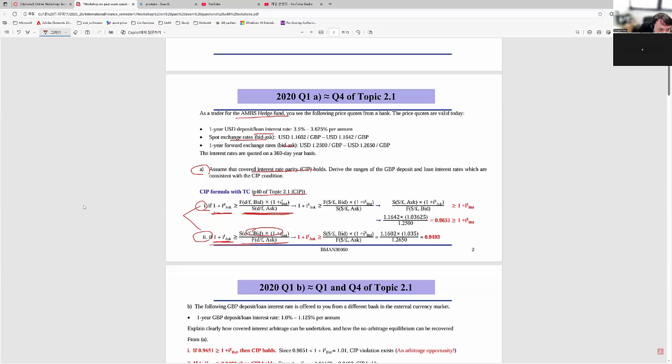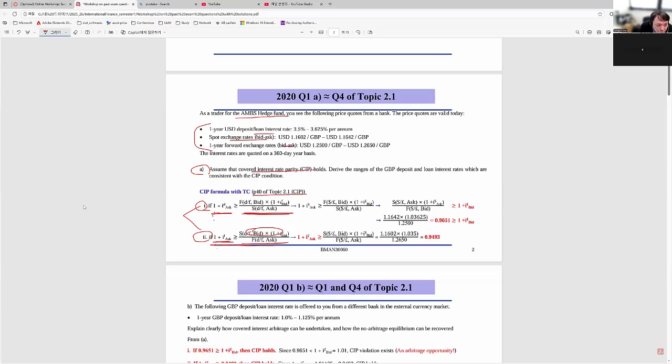So this is the second CIP formula with transaction cost. Once you get these kinds of questions, and if we are talking about CIP, you have to think about these two inequalities, the CIP formulas with transaction cost. Is this okay?